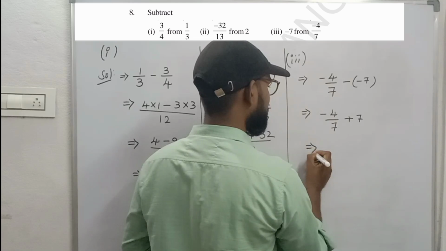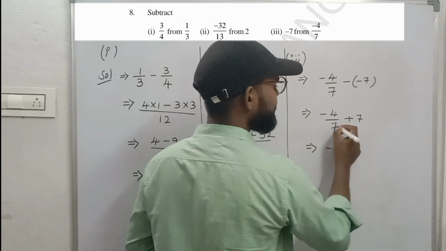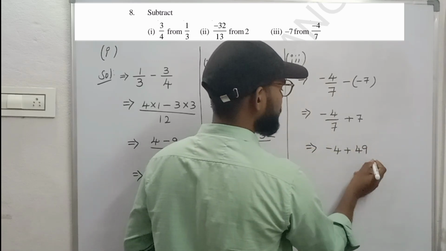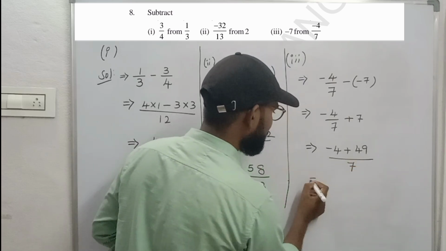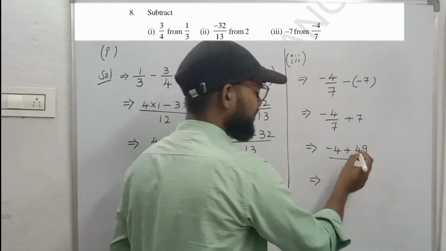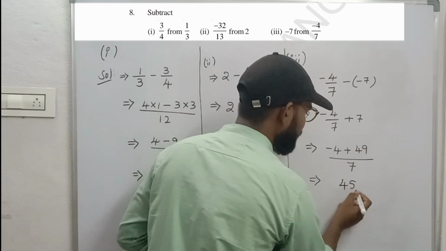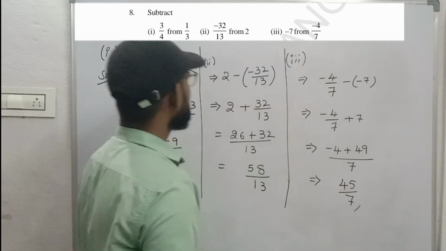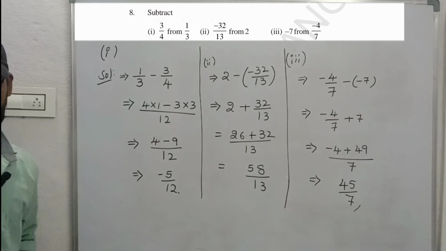So that is nothing but minus 4. 7 7s are 49. So 49 by 7. So 49 minus 4 how much? 49 minus 4 is 45 by 7, that is your answer. That's it. This is the solution for the problem.